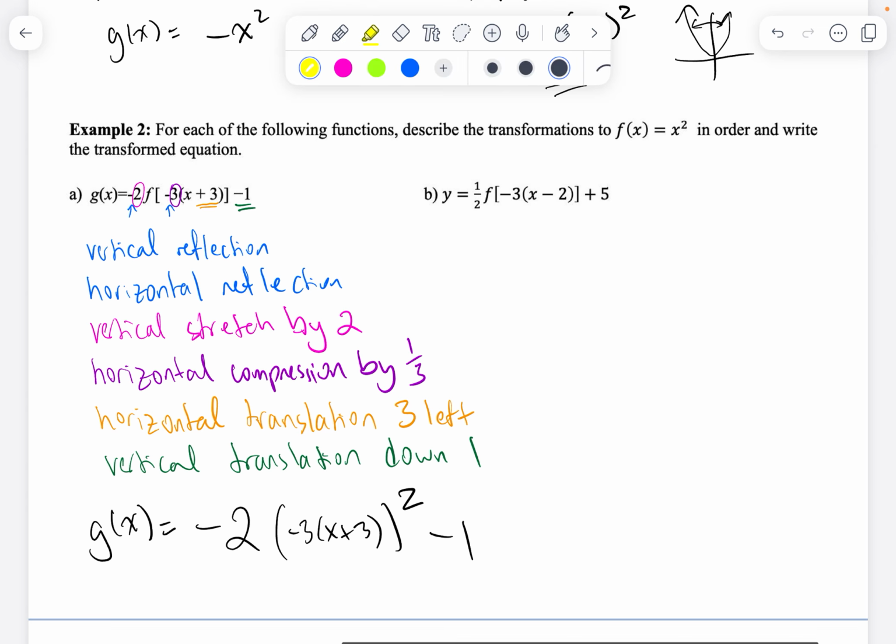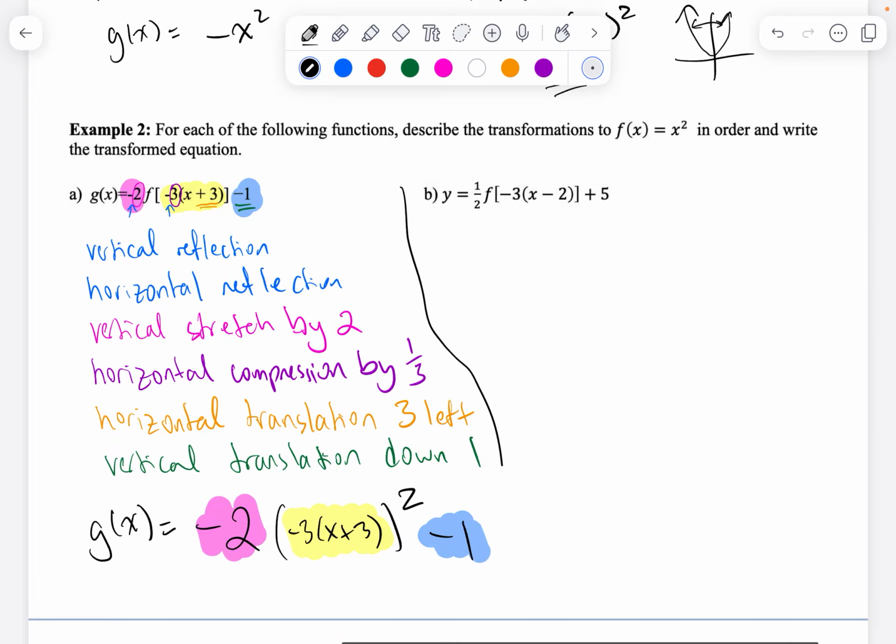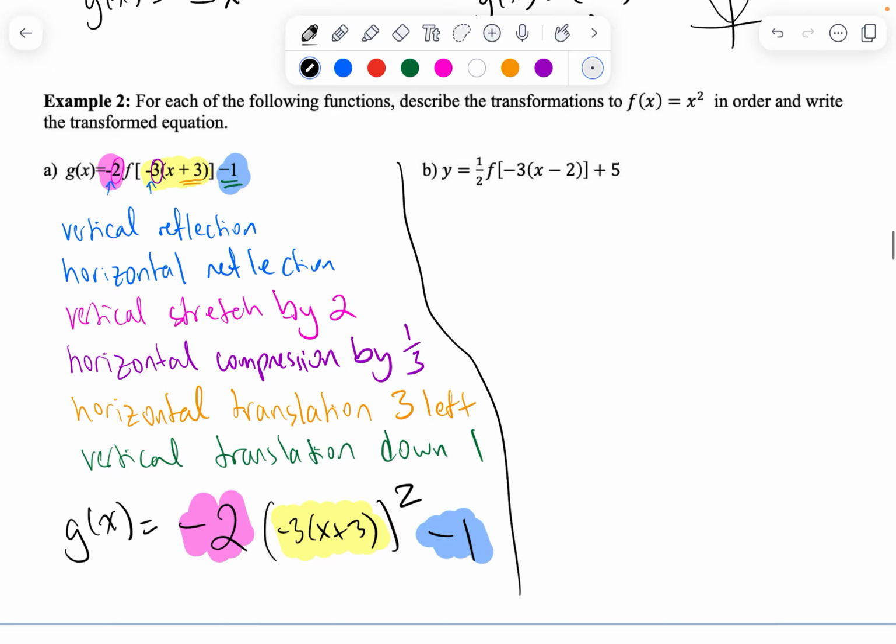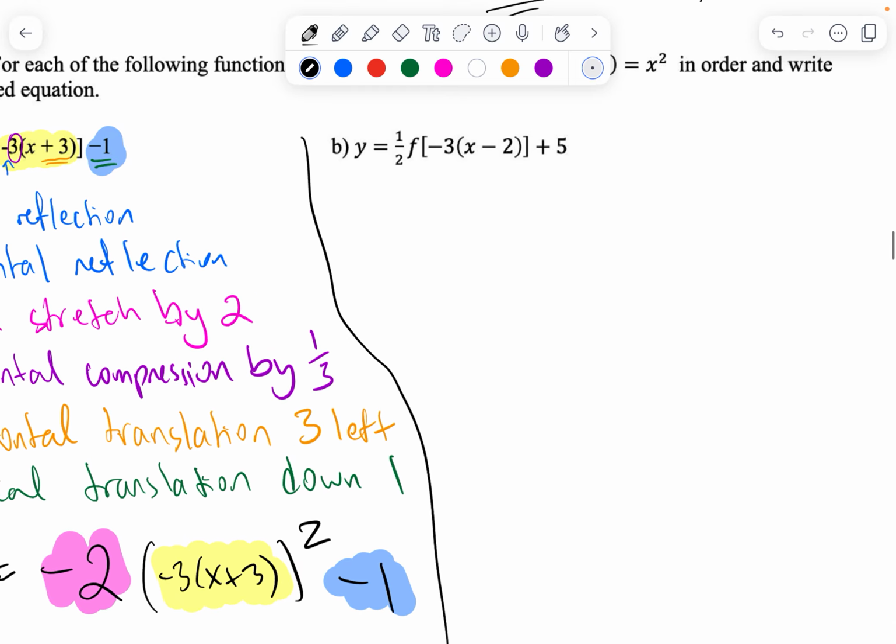Okay, so what's inside the function, that's what's inside the square. What's outside the function is outside the square. Okay, so let's see this one here. So one by one.